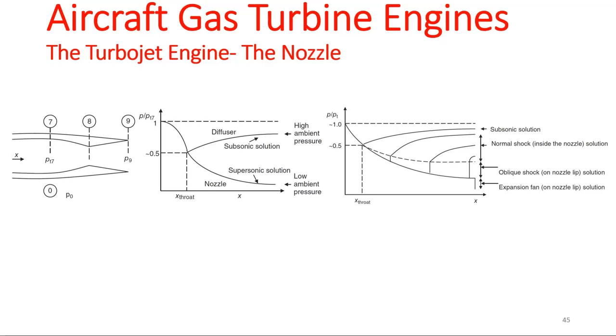And if your ambient pressure is very, very low, if your back pressure is very low, you will actually get an expansion wave at the end of the nozzle to reduce the pressure even a little further.